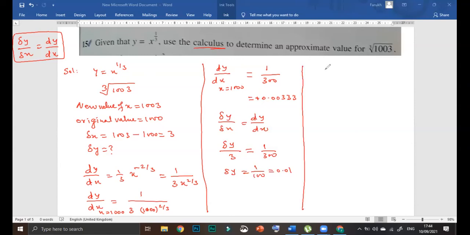Now, what is the original value of x? Sir, the original value of x is 1000. What is the change in x? Sir, 3. What is the new value?